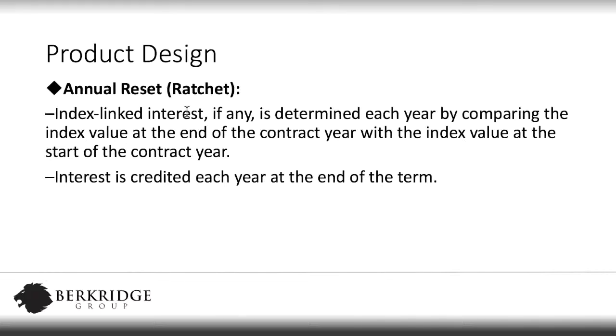We look at February 20th of 2017, exactly 1 year later: where did that index close on that day? That's going to determine the rate of return over time. And it's the same date every year. Allow a few weeks for the crediting to actually show in your account, which is known as the sweep period. Furthermore, it is credited each year at the end of the term.